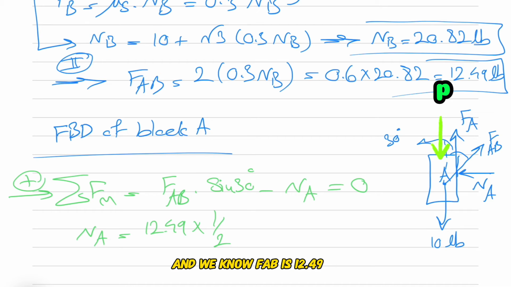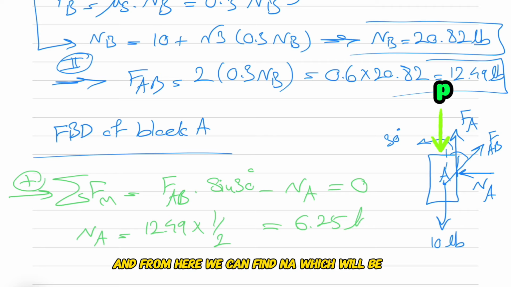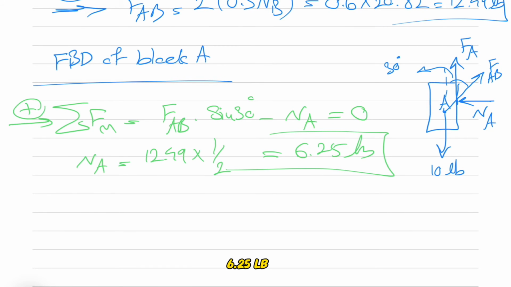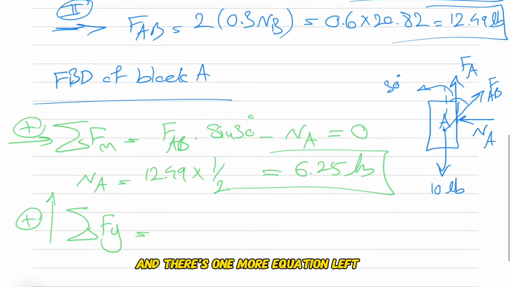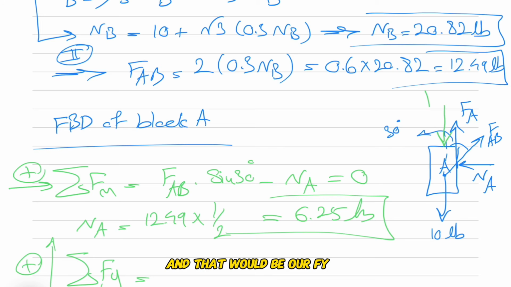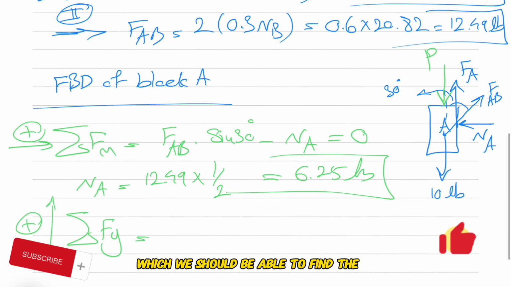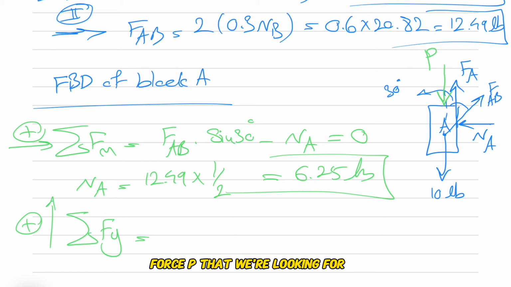We know FAB is 12.49, and sine of 30 is 0.5, so NA is 6.25 pounds. There is one more equation left, our Fy, from which we should be able to find the force P that we are looking for.